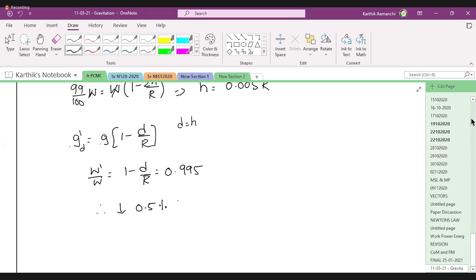A body is projected with a velocity of 44.8 kilometers per second from the Earth's surface.